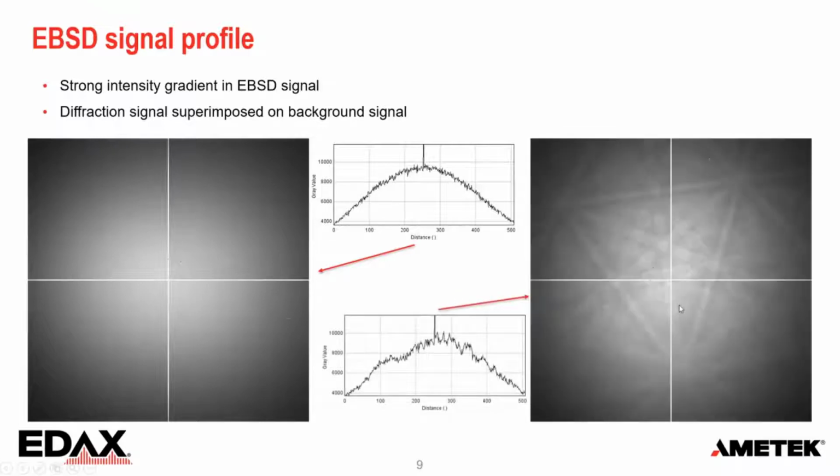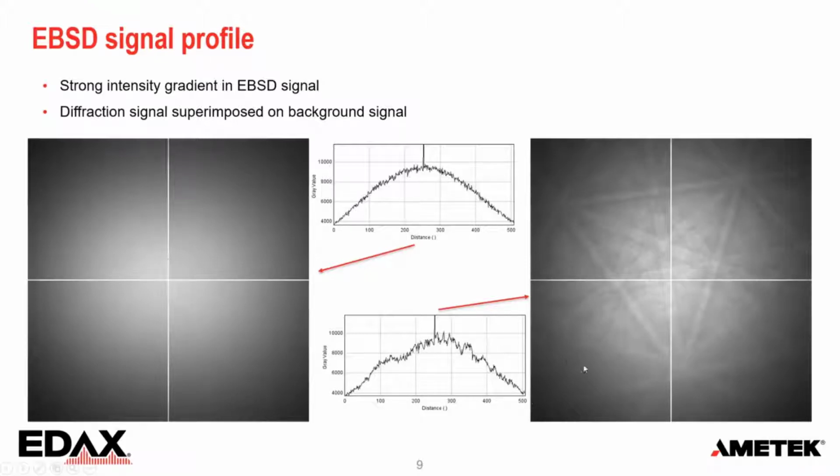When we then look at an EBSD pattern, also without any processing, you can see how the smooth curve of this background gets a little bit distorted. There's a little bit more signal and wiggle on top of that, and that's the band configuration that we're interested in.